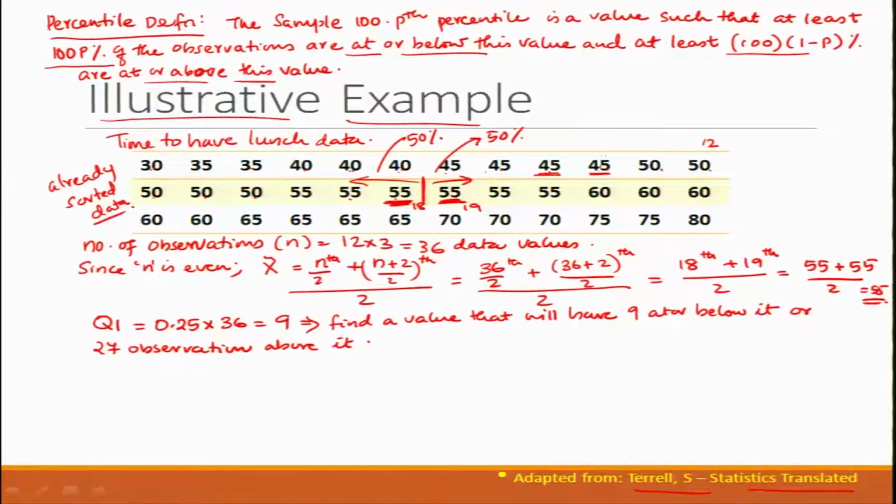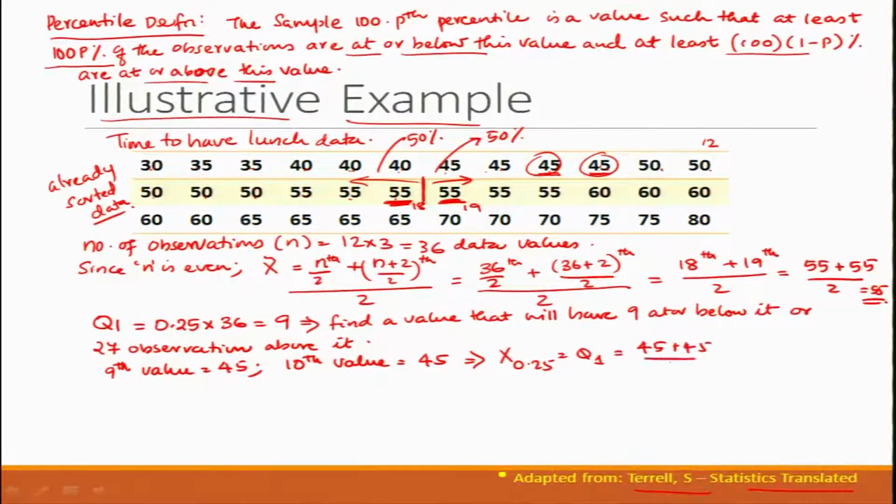So, these 2 points will actually work in our case. The 9th value is equal to 45, and the 10th value is also 45. So, x 0.25, the first quartile Q1, is equal to 45 plus 45 by 2, which is 45.